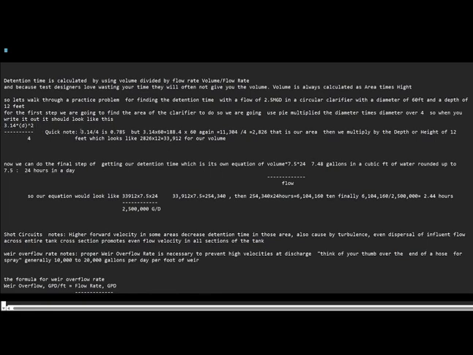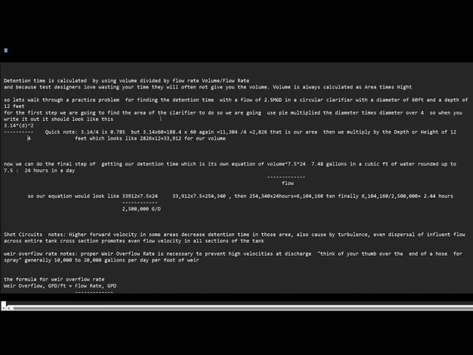Quick note. 3.14 divided by 4 is 0.785. That is a constant. And if you want to expedite this, you can just use 0.785 times diameter squared. But we're going to use the pi because that's the one they want us to use.